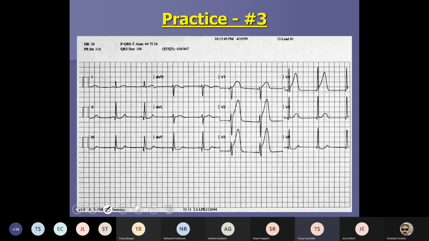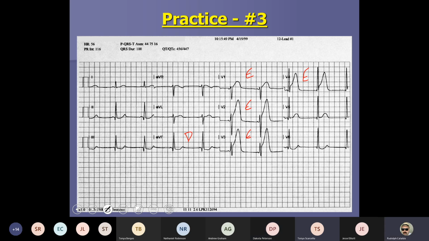I've got elevation in V1, V2, V3, and V4. Okay. Do you see depression anywhere? Maybe a little bit in AVF. Okay, that prompts me to look at what other leads when I see an AVF. 2 and 3.